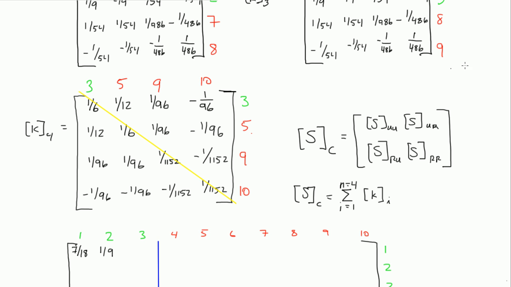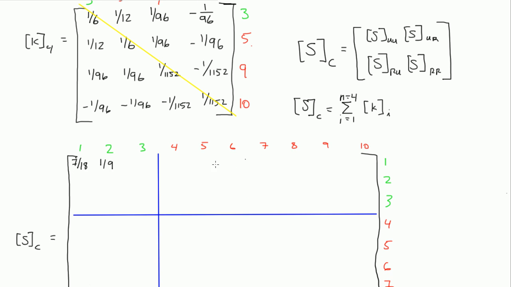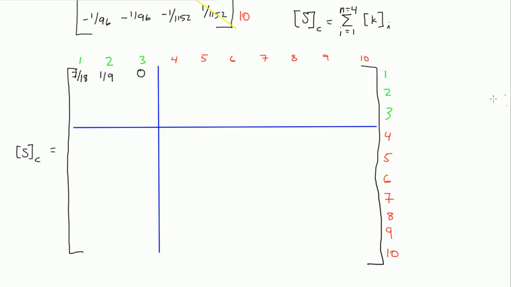No, there isn't. So that means since there are no 1, 3 values, this value right here is 0. Okay? And if we do this for all the matrices, or for all 100 values, we're eventually going to come up with the S sub complete matrix, and that consists of 100 different values.